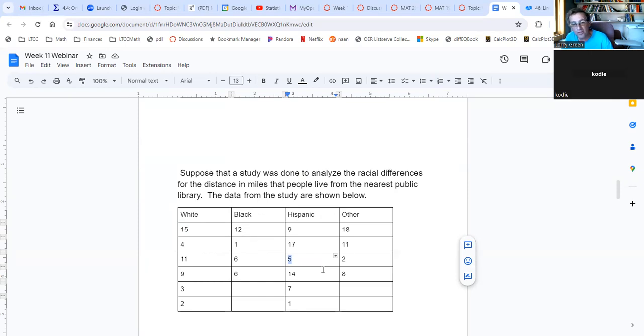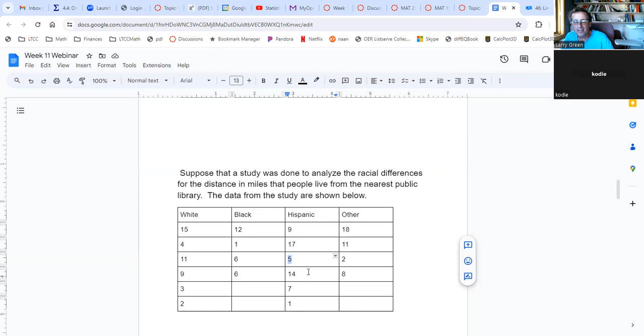Okay, notice that here we have 4 different categories: white, black, Hispanic, and other. And we want to see if they all have the same population means, or is there a difference?